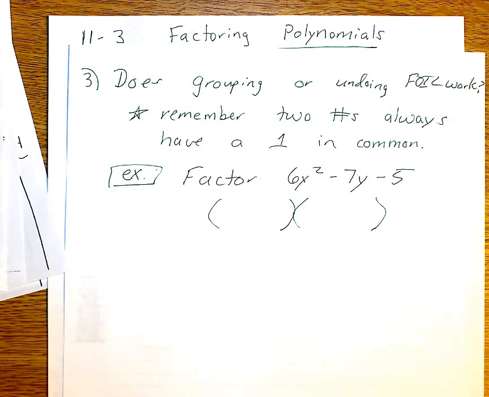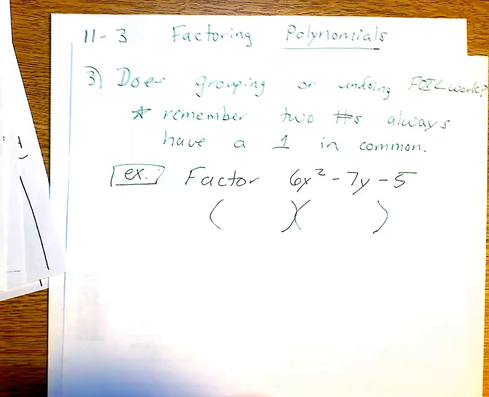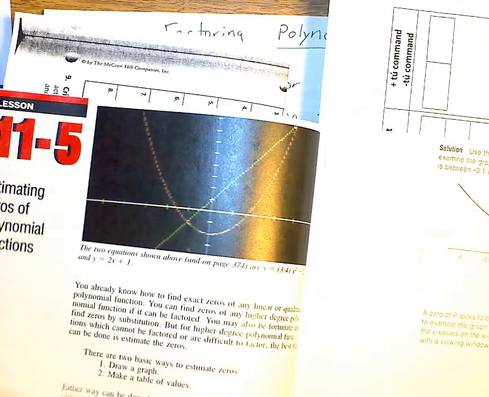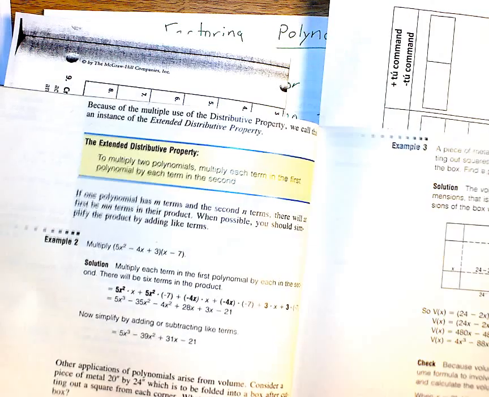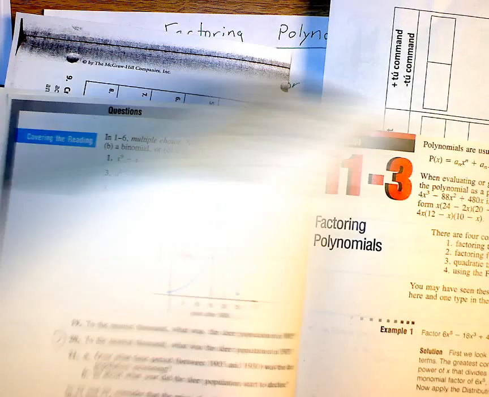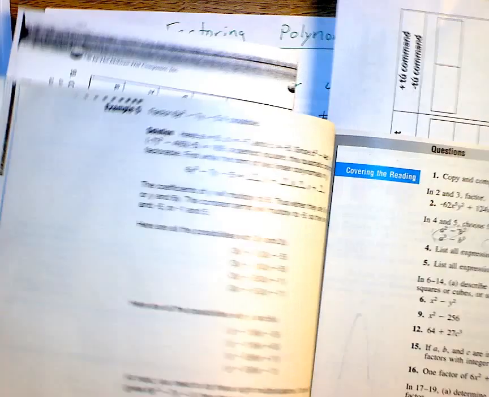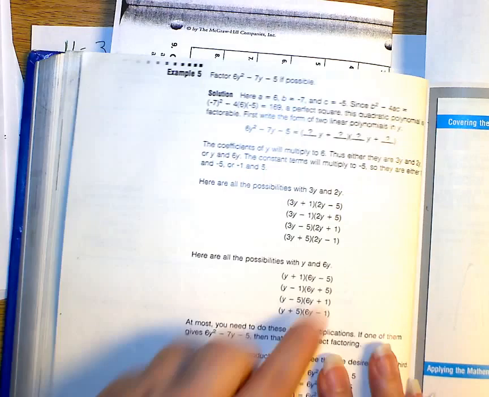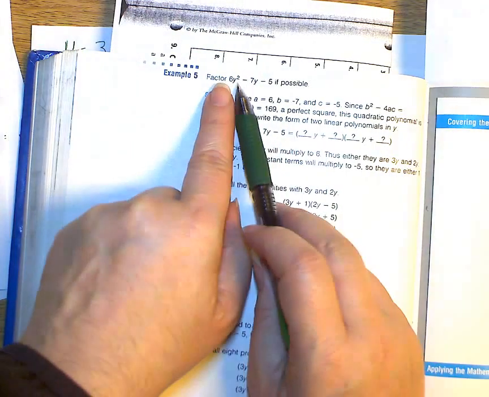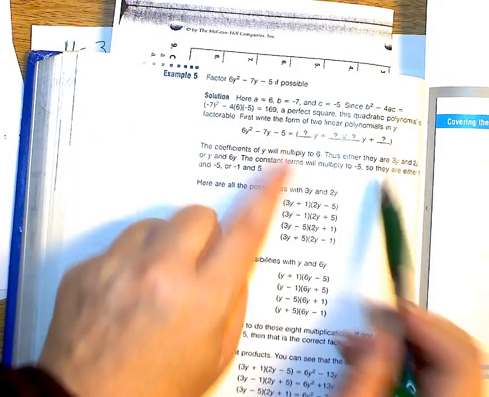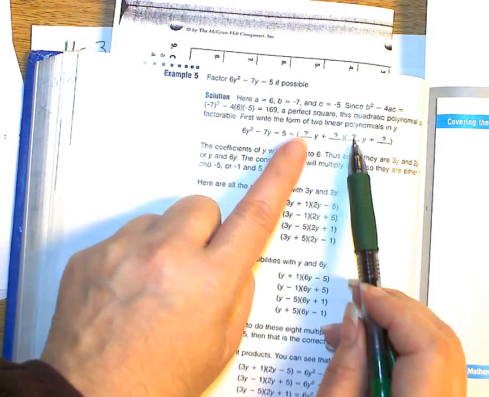And then I'm going to show you how the teachers here at Howell and how I learned do it. And you can do it whatever way you want. However, I will tell you, in my professional opinion, the way that I'm going to teach you is easier. The book starts with what we're given, and you're looking for two numbers that multiply together to give you 6.